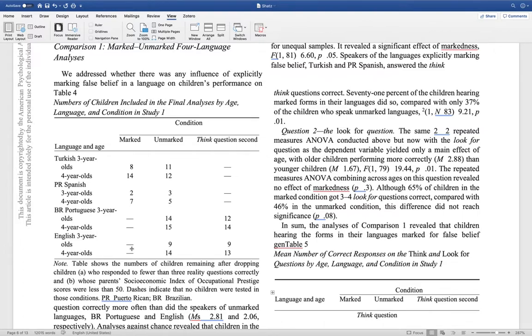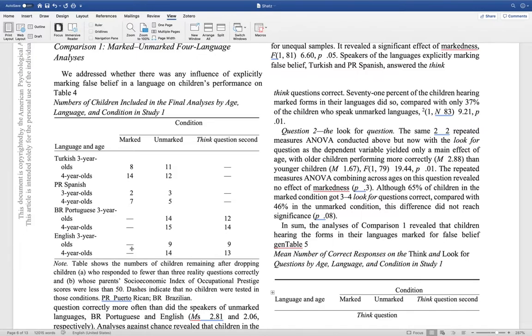Remember, it's no big deal if 4-year-olds do better. I don't even know what it means if the 4-year-olds across the different language sets do better. But I do know what it means if the 3-year-olds do better. It means that the language factors are impacting their ability to perceive others' thoughts and emotions. And so now I'm looking at this and I'm like, ooh, I really wish they had more 3-year-olds, honestly.